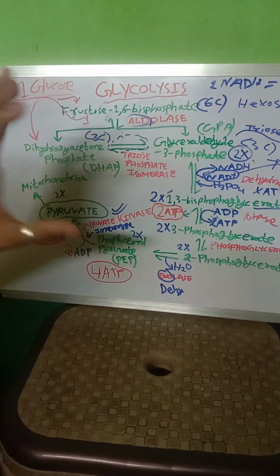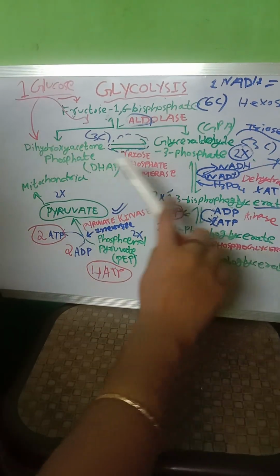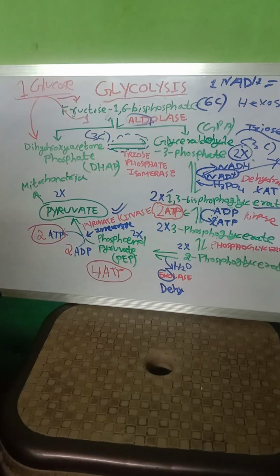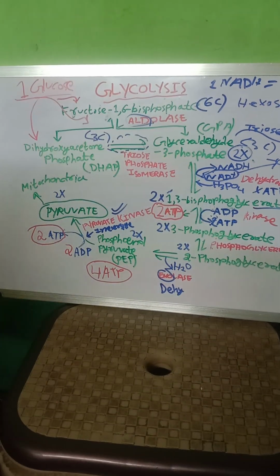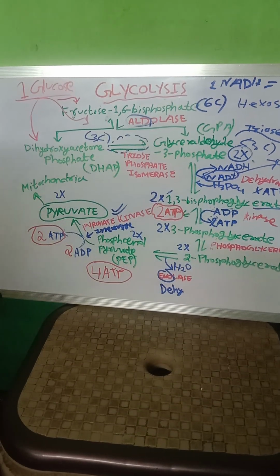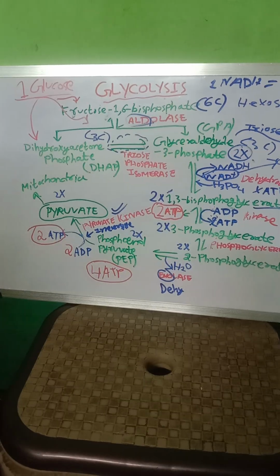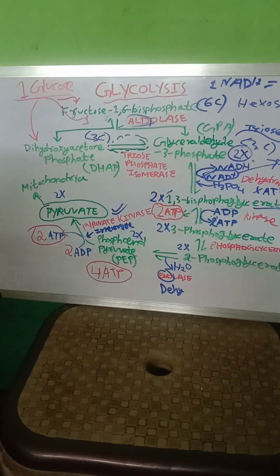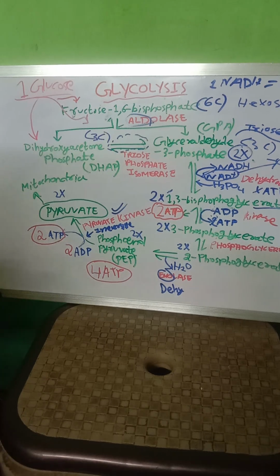Just remember what I've told you about what happens in which step. You will passively understand it, it will get engraved in your head, and you don't have to put much effort into learning glycolysis.